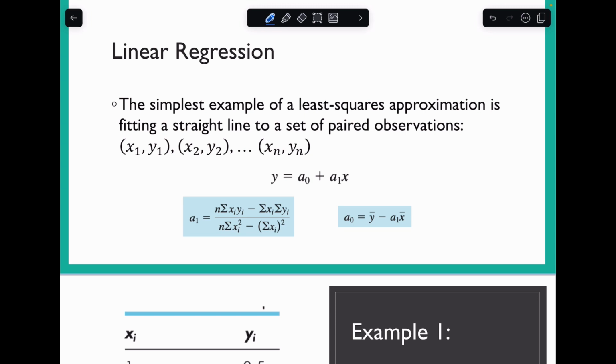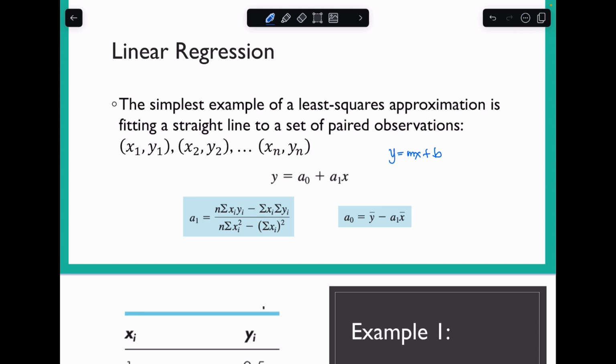If we are given multiple data points, we can use the slope-intercept form. If you still recall from geometry, we have this formula there: y equals mx plus b, which is the slope-intercept form, wherein b serves as the intercept and m corresponds to the slope of the line.